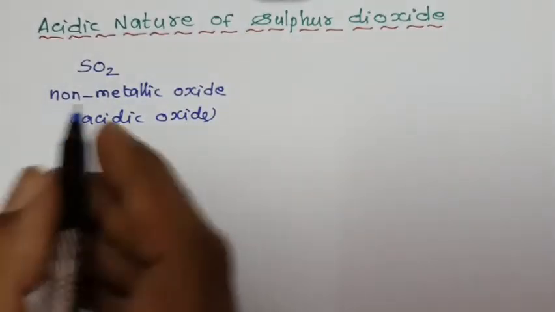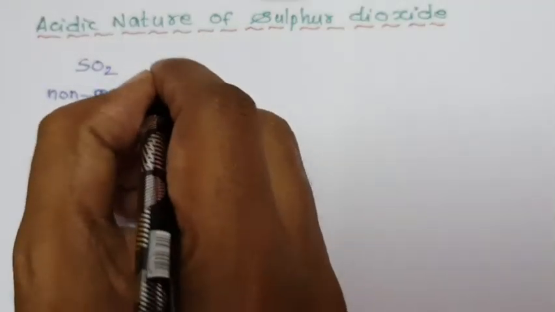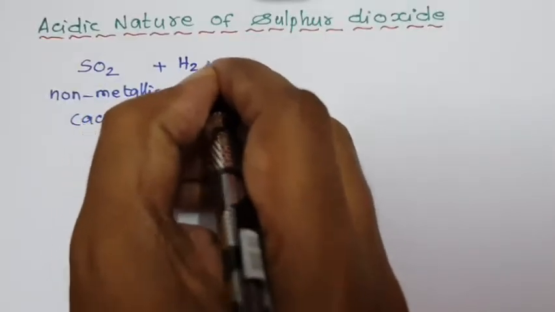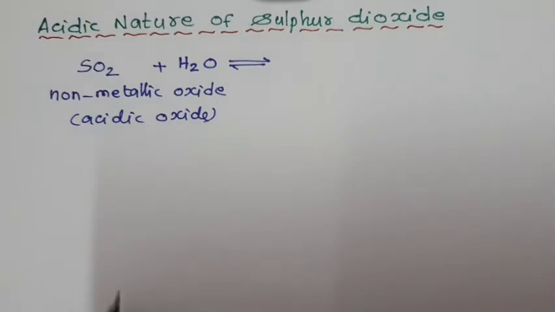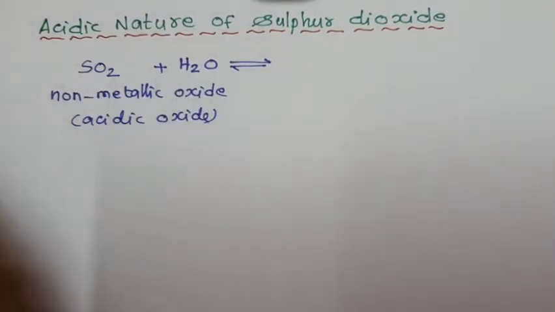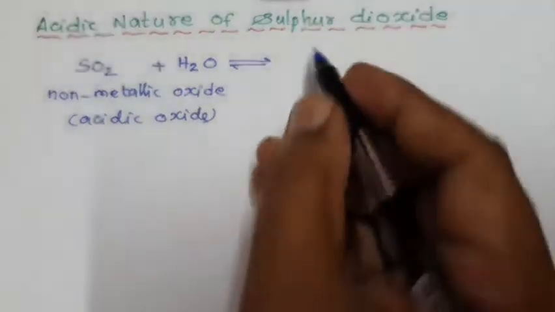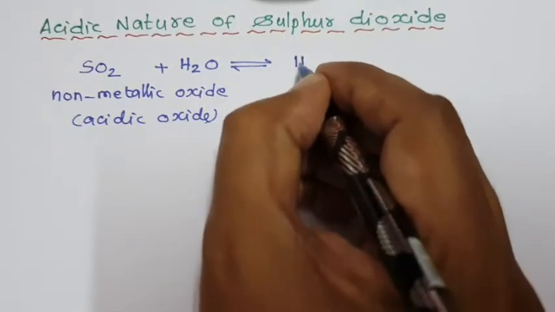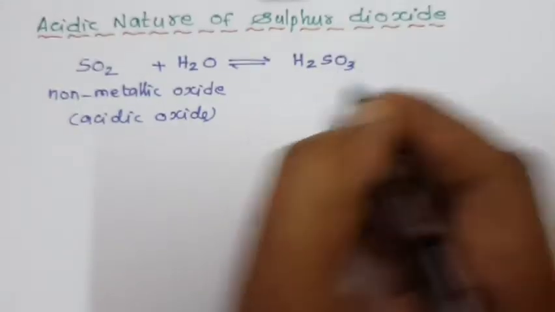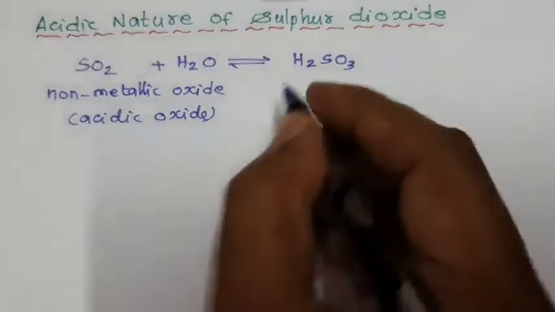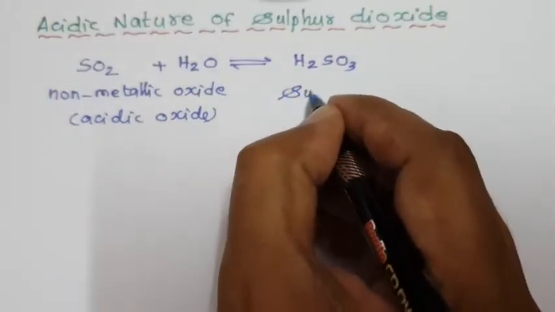When the acidic oxide sulfur dioxide is dissolved in water, H2O, in an equilibrium reaction, H2SO3, sulfurous acid, is formed. This is your sulfurous acid.